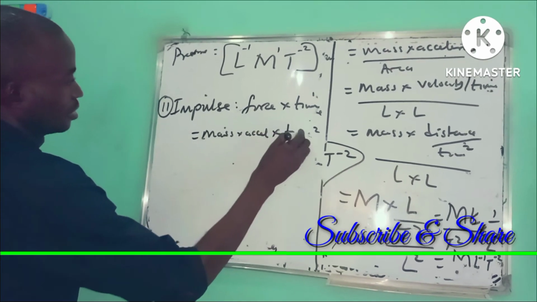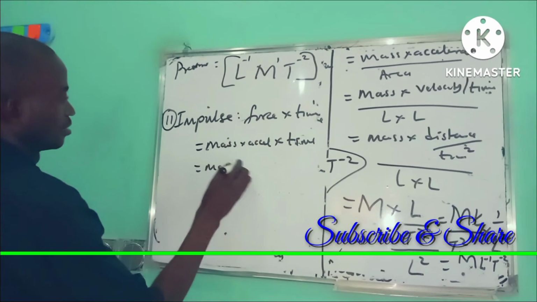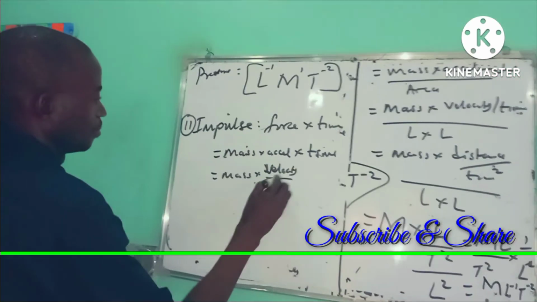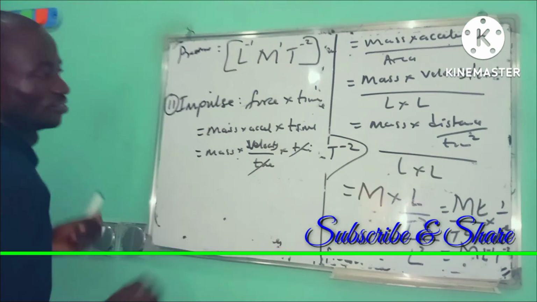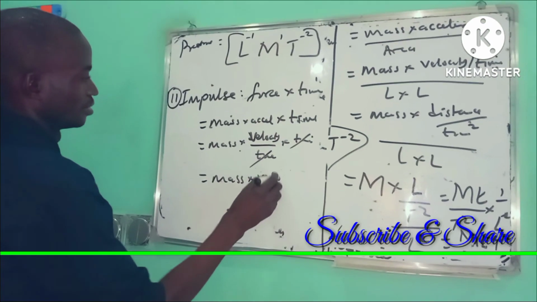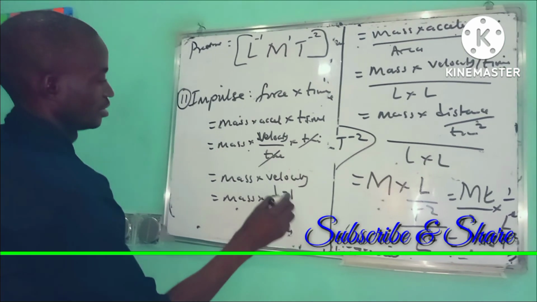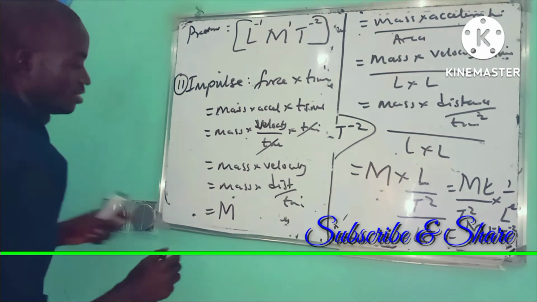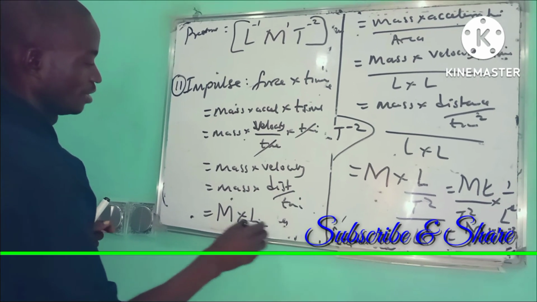Acceleration times time. And we have acceleration broken down as velocity upon time times time. This time can get rid of this time. So we have mass times velocity. And velocity is further broken down as distance over time. So we can finally write that this is in terms of capital letter M times distance in terms of L upon time in terms of T.